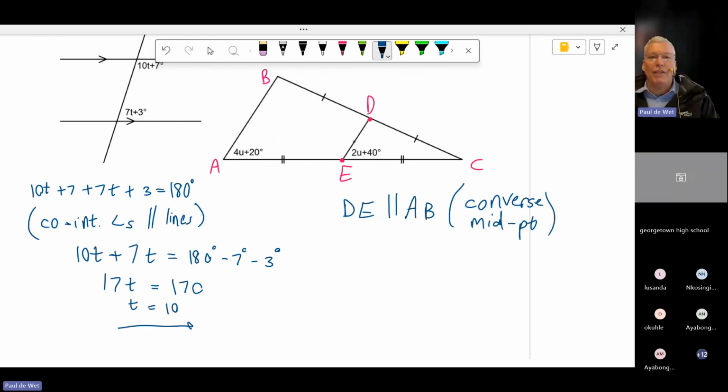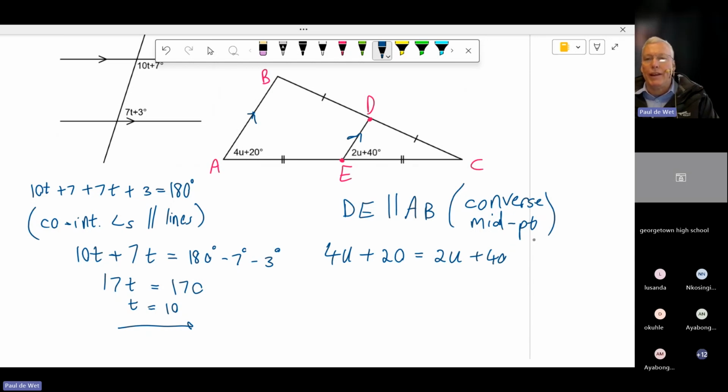Now if these lines are parallel, and they are, I've given a reason, then who can tell me about these two angles? They must be equal. So 4u plus 20 must be 2u plus 40.